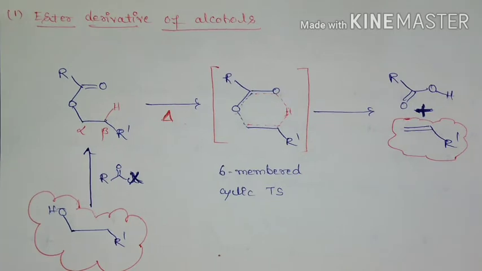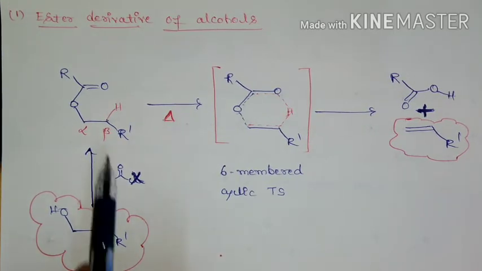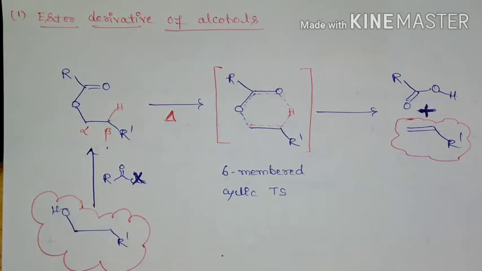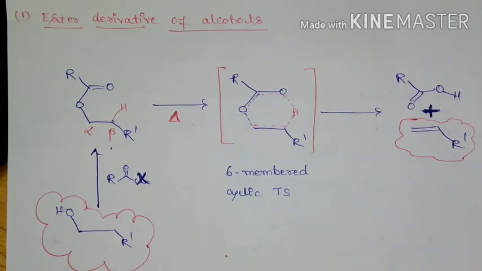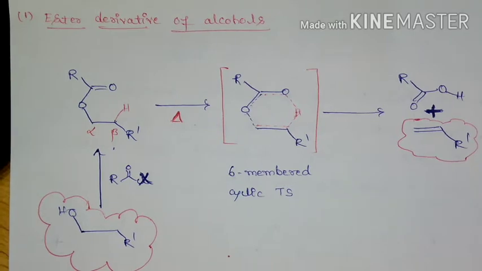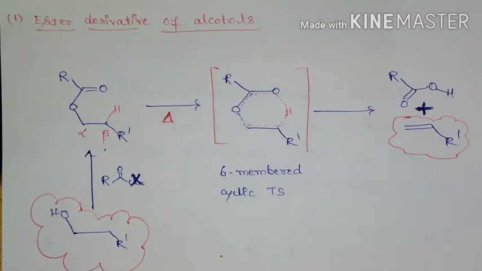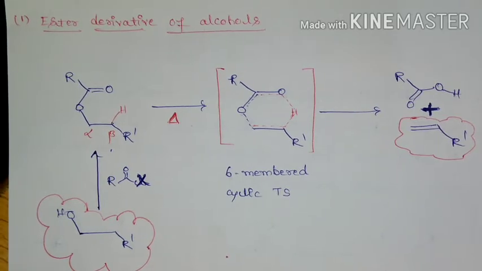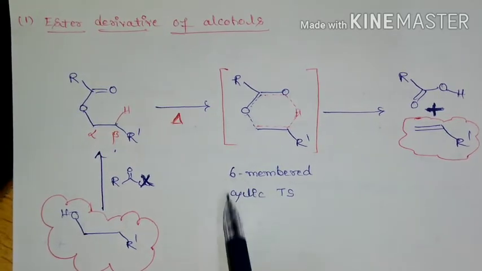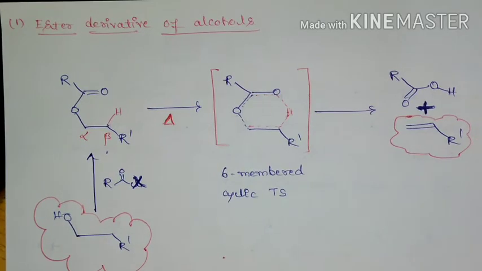If that ester derivative of alcohol contains beta hydrogen and is heated around 200 to 400 degrees centigrade, it will undergo syn elimination reaction. It follows the Ei mechanism, and there is formation of a 6-membered cyclic transition state.